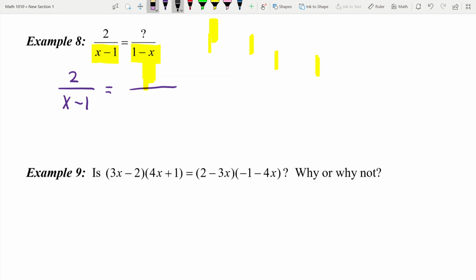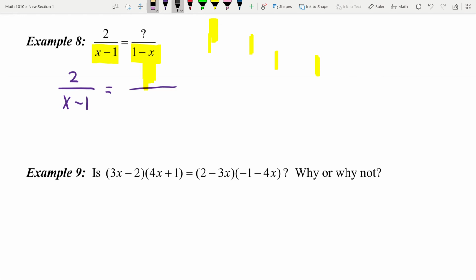Okay, so we have 2 over x minus 1 equals question mark. See the bottom, you guys? It's ugly. You have to look at that and say, I know that's ugly. So reorder negative x plus 1.